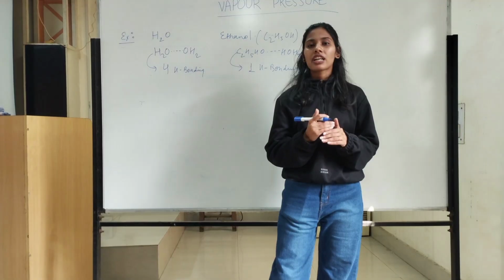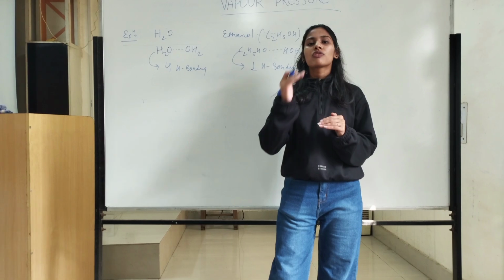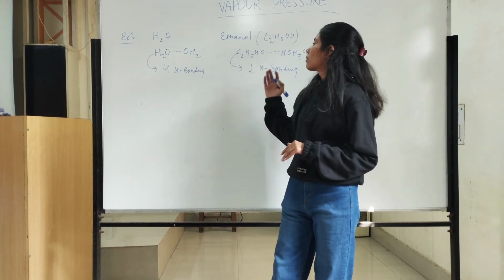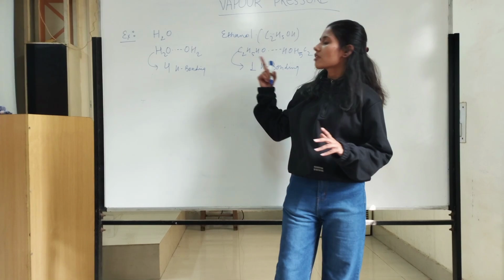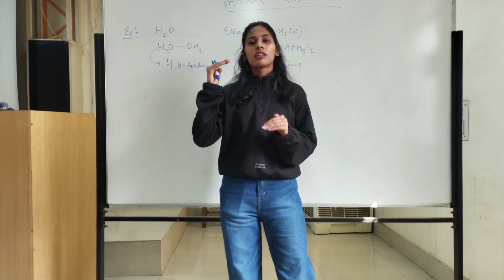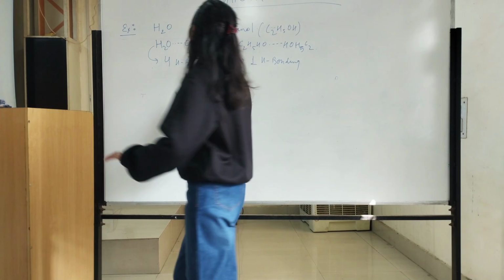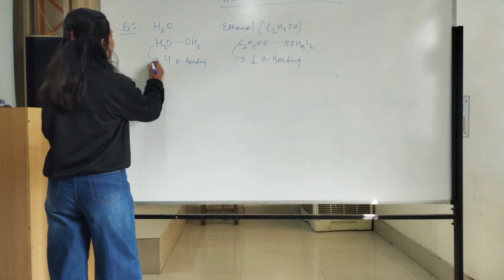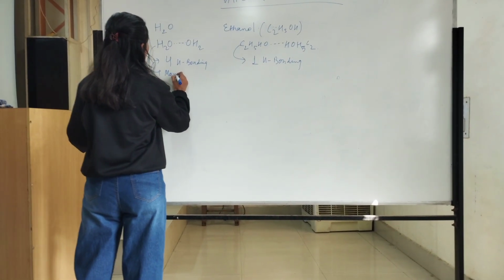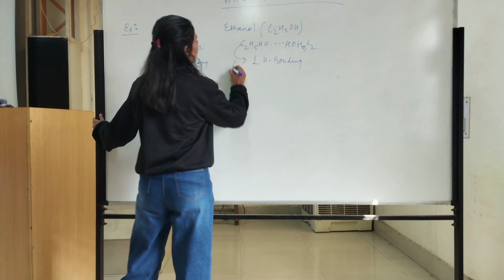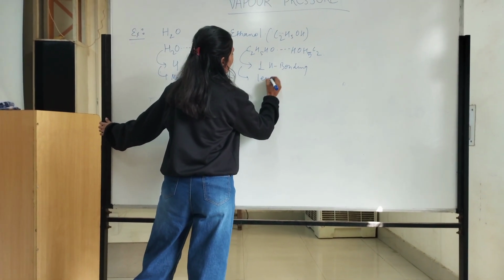If force of attraction is less, then molecules will evaporate easily and have high vapor pressure. Whereas if a molecule has high force of attraction, then it will evaporate less and have less vapor pressure. So as we can see, water has more force of attraction and ethanol has less force of attraction.